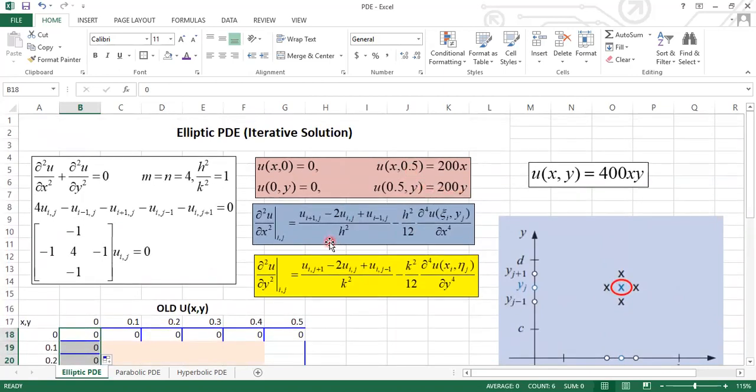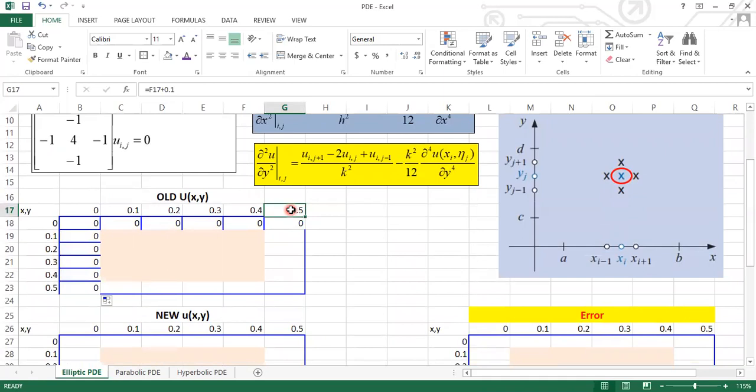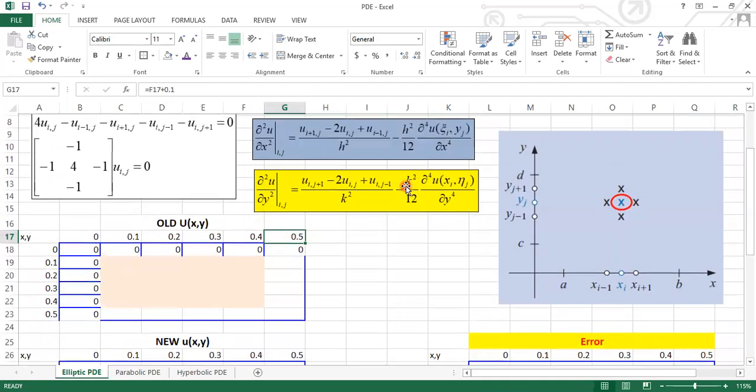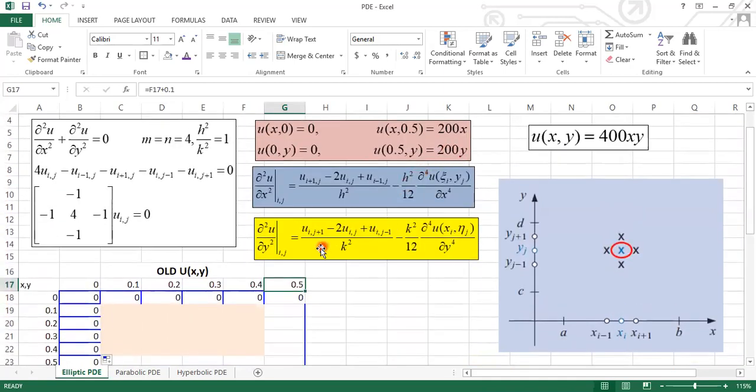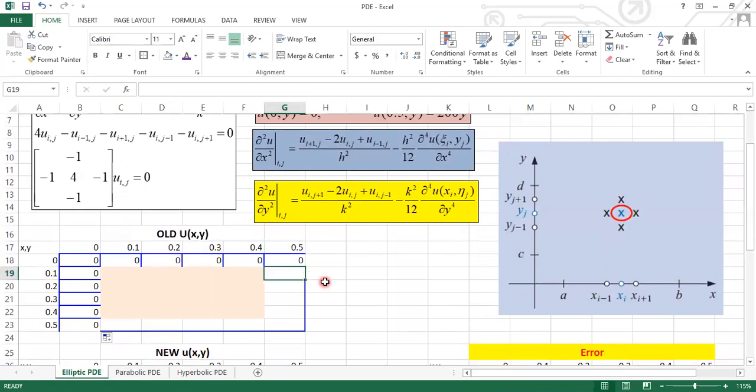So the x value is fixed as 0.5 and y values are changing as 200 times y. So I generate these values. The first value will remain the same. So here I will keep 200 times the y value, picked from its respective position. So these are the boundary values.